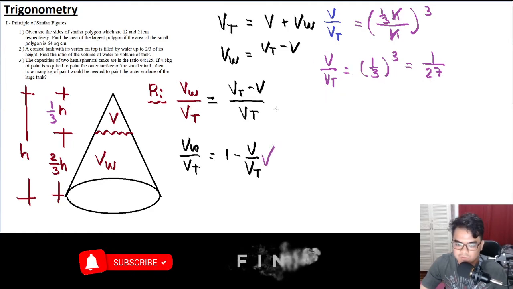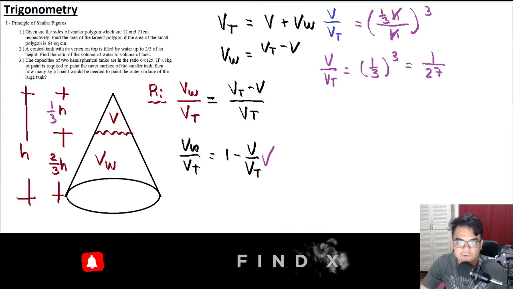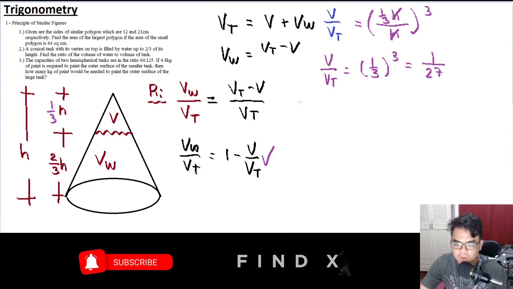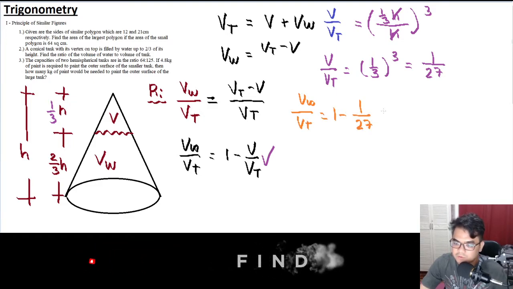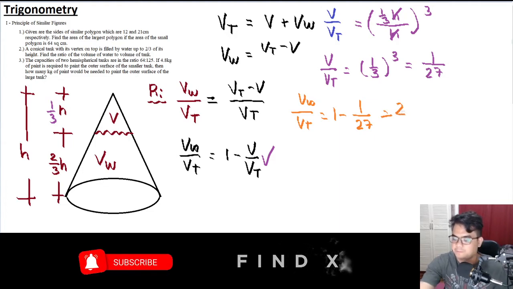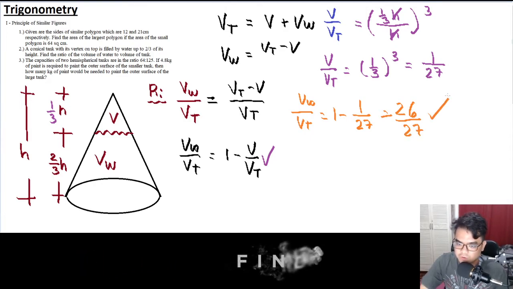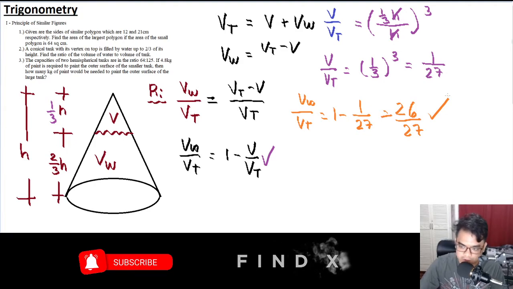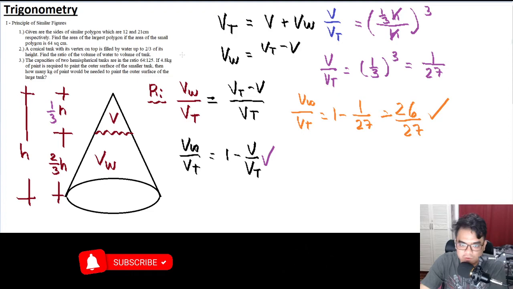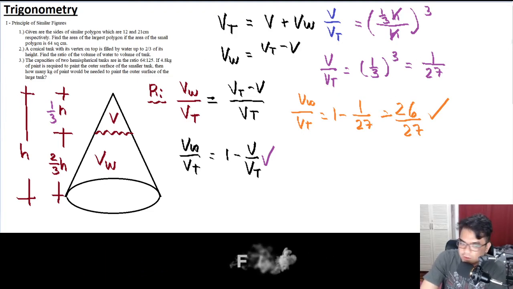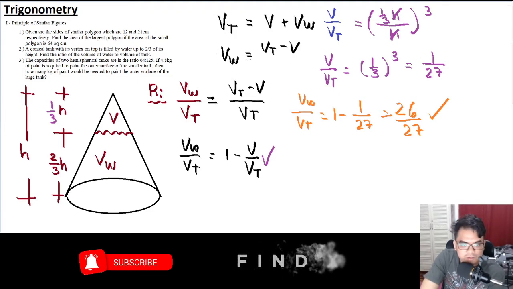Using this formula, VW over VT is equal to 1 minus 1 over 27, which is just 26 over 27. Therefore, this is the ratio of the volume of water to the volume of the tank. Again, we use similar triangles or ratio and proportion. So let's move on to the last problem.